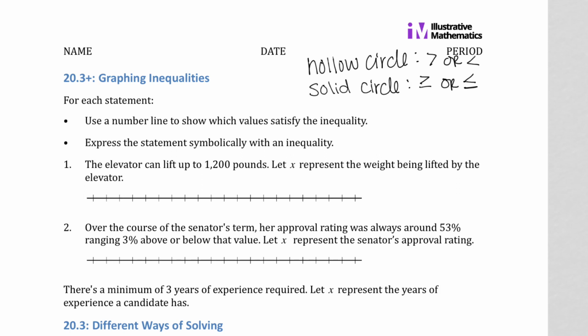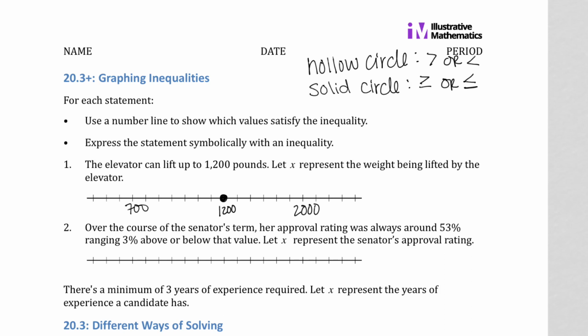All right, so if I put a solid circle right here and say 1,200 pounds is right here, we say the elevator can lift 1,200 pounds. Over here, let's say we have 2,000 pounds, and over here, let's say, 700 pounds. Is my arrow going to go to the left or to the right?